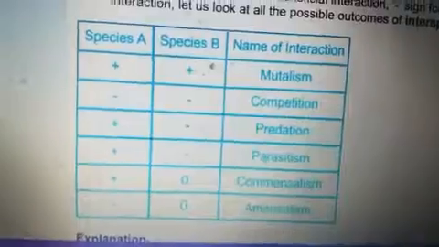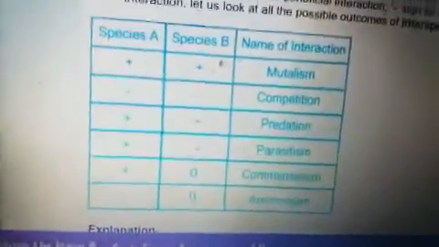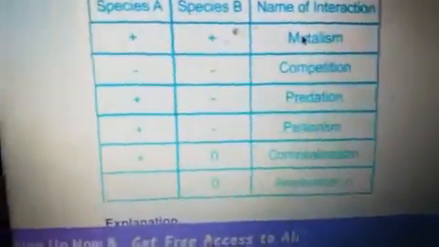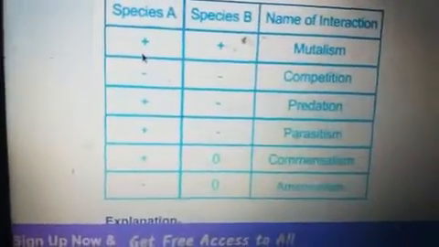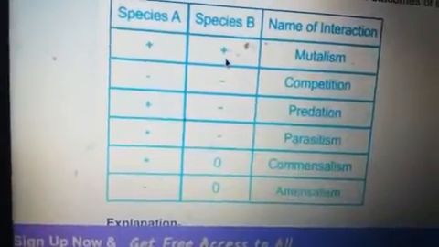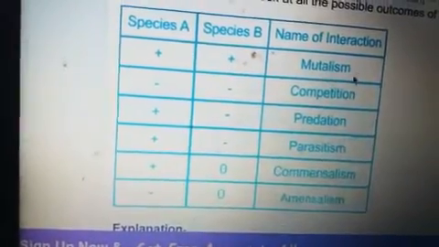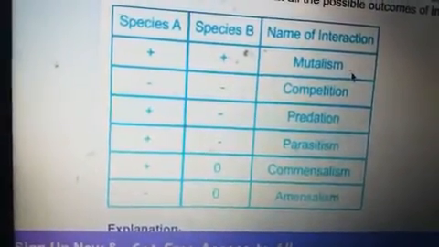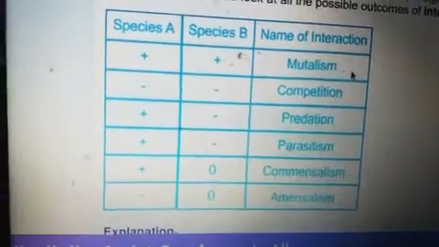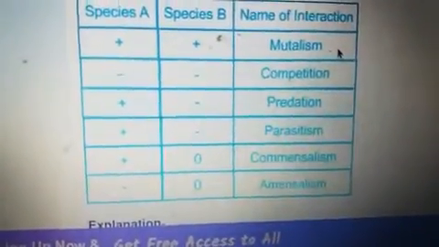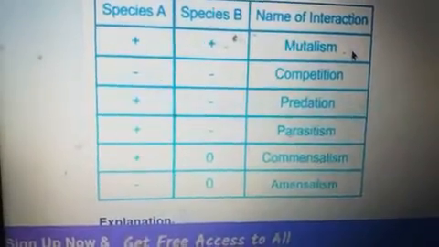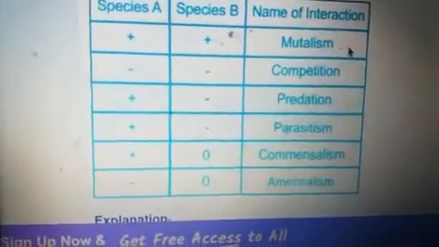Now let's summarize what we have studied. Name of the interaction, mutualism: species A benefits and species B also benefits. We studied the crocodile and bird association. One more thing to remember in mutualism: corals, present on the surface of the ocean.